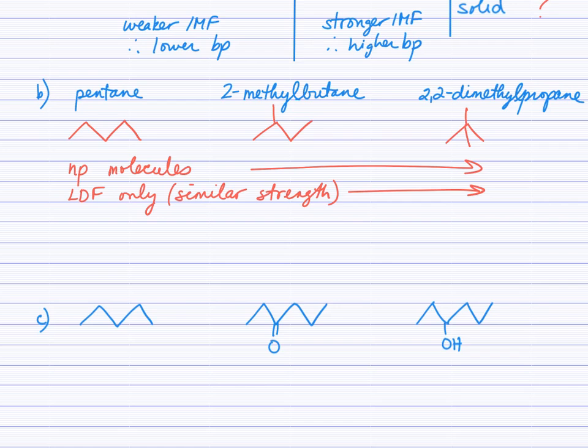So what becomes the distinguishing factor at this point? Well, think about pentane here and a neighboring molecule of pentane being able to get close to that and experience London forces. Compared to the 2-methylbutane structure, because of this branch, it's harder for these molecules to get closer together.